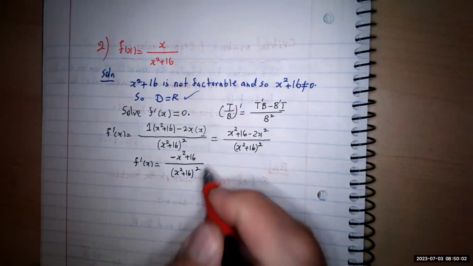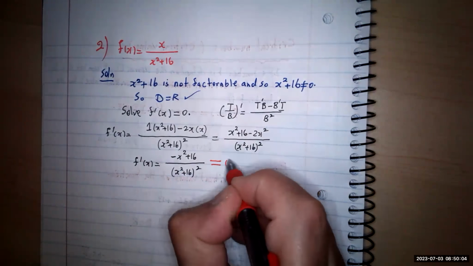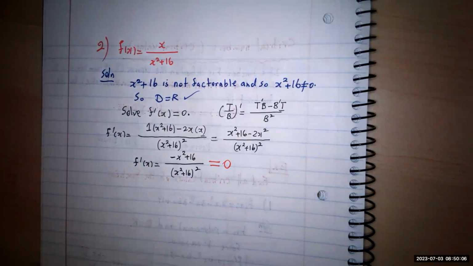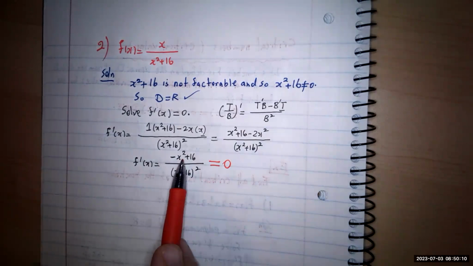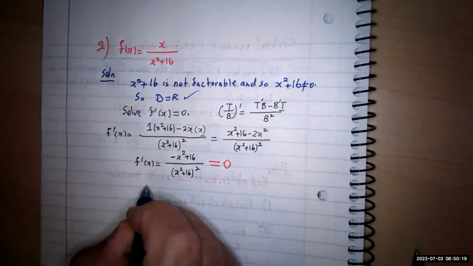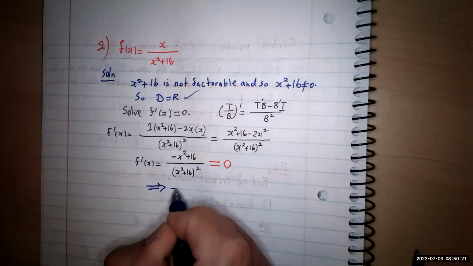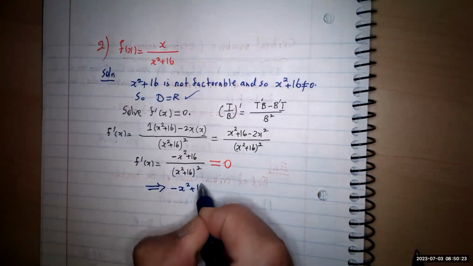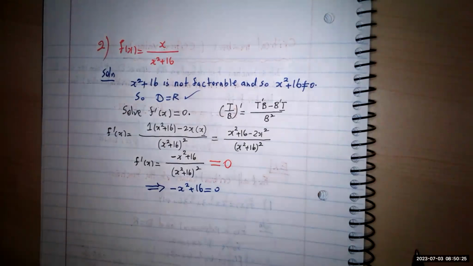Set it equal to 0. You see, a fraction is going to be equal to 0 only if the top is 0. Because 0 divided by 5 is 0, 0 divided by 6 is 0. So you want f prime to be 0, which would happen only if the top is 0, negative x squared plus 16 equal to 0. Any question?